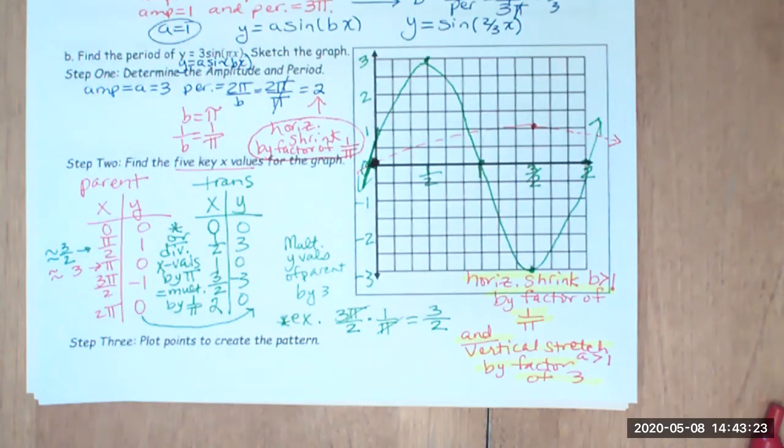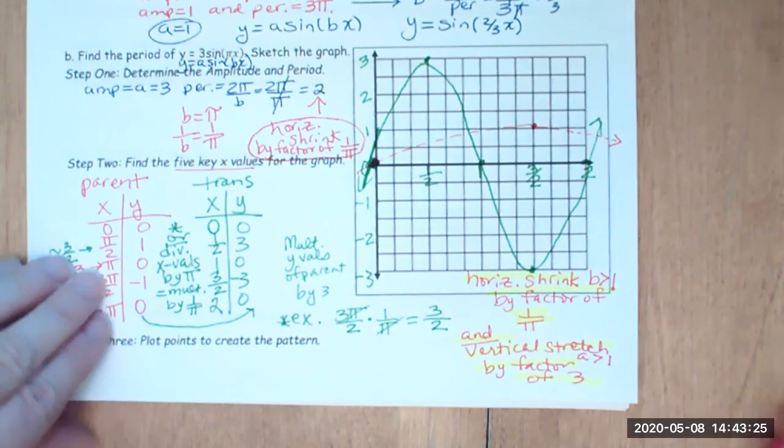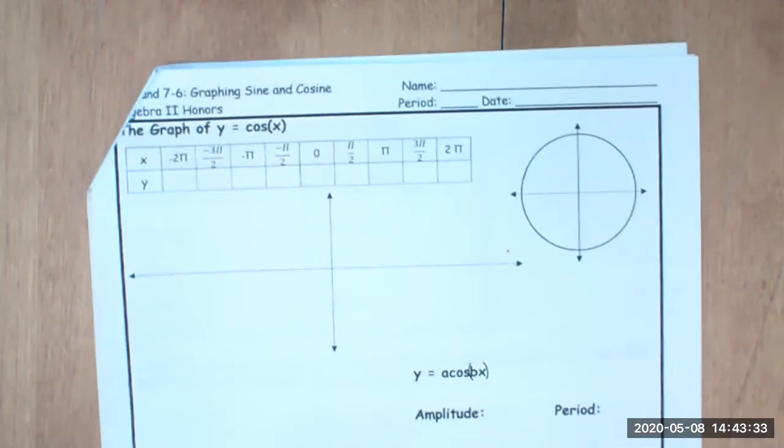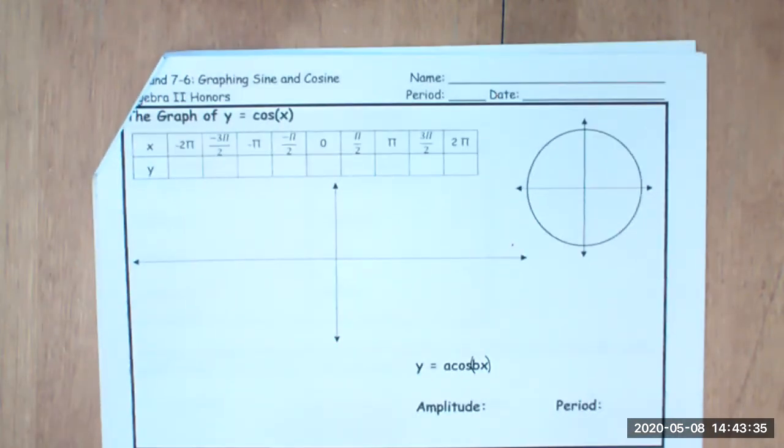Okay, so we're going to move on now to graphing y equals cosine of x, and we're going to see that all the techniques that we use to graph transformations of y equals sine x also apply to y equals cosine x. So we're going to start the same way that we did with y equals sine x.